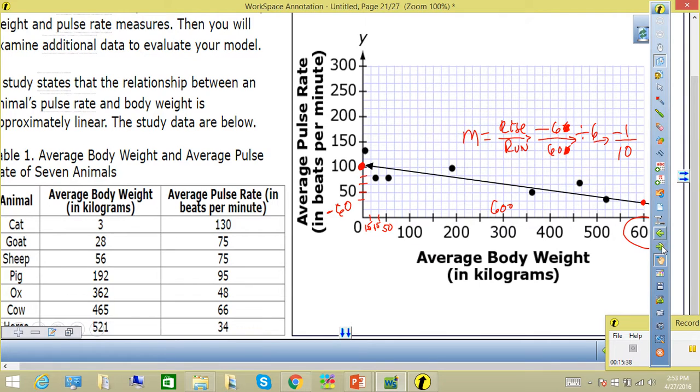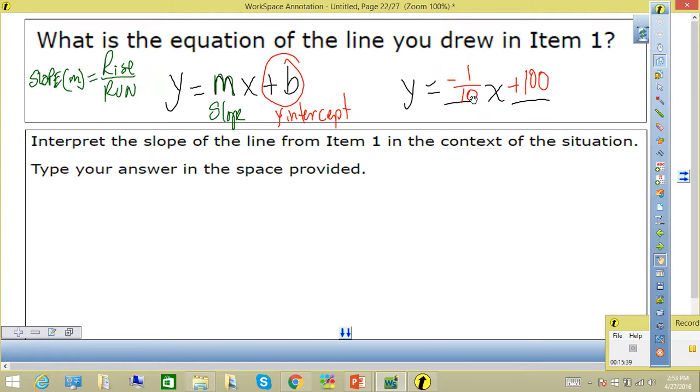Okay, so let's go back to our equation. What is the run? 10. So what does that represent? That for every 10 kilograms of weight, what happens to the animal? By 1, less or minus 1 pulse per minute.